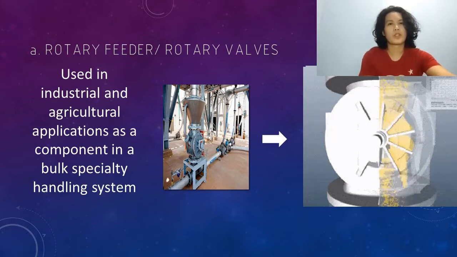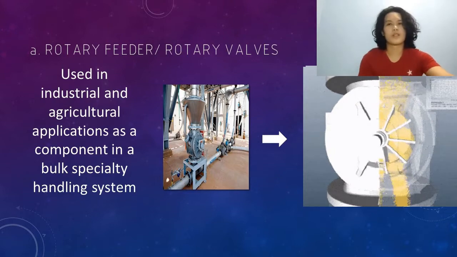It allows material to pass through but maintains the pressure differential between the building and outside. Rotary airlock feeders leak air by their inherent design and are not the most accurate metering device, but it is the only type of valve that will accomplish both at the same time.